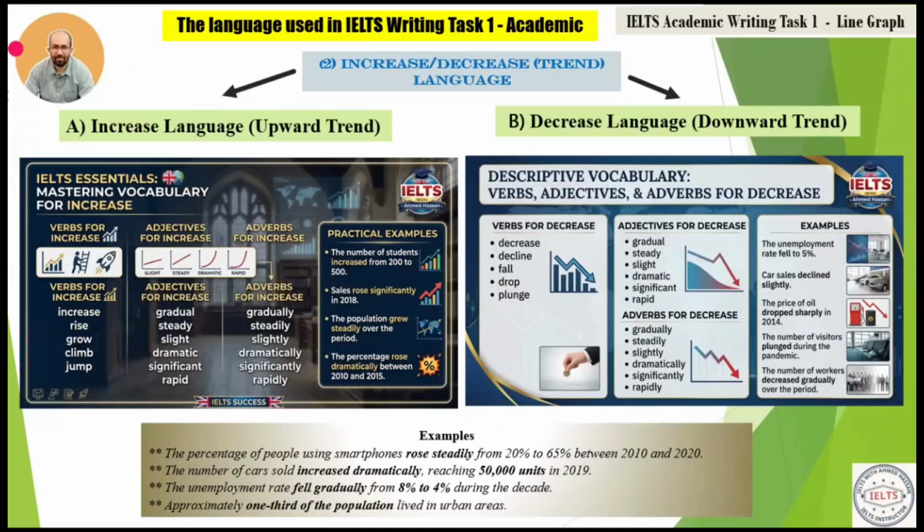Number 2, the number of cars sold increased dramatically, reaching 50,000 units in 2019. The unemployment rate fell gradually from 8% to 4% during the decade. Approximately 1/3 of the population lived in urban areas.